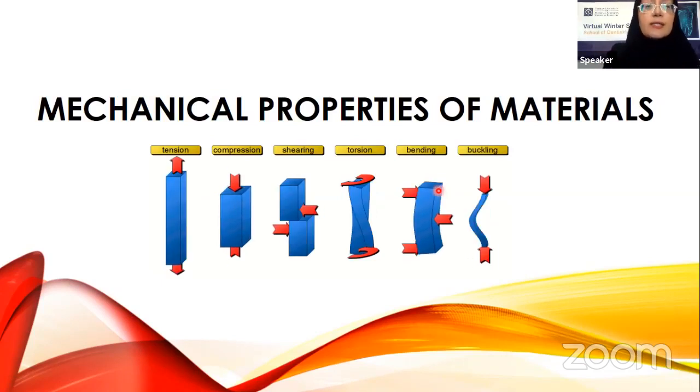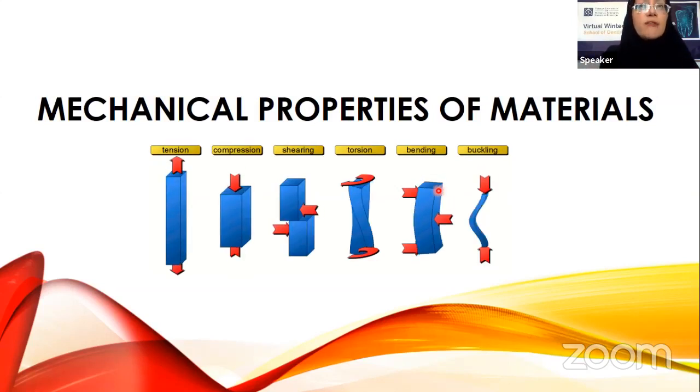Up to here, I'm going to talk about how to measure, how to evaluate the mechanical properties of materials. You know that the mechanical properties of dental materials is very important for us because a foreign material which we apply on the oral cavity has to tolerate different applied forces, different mastication forces.